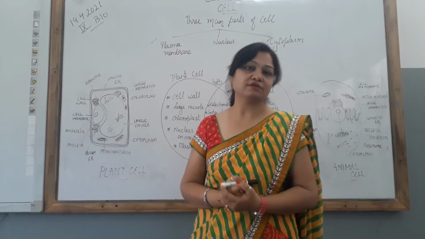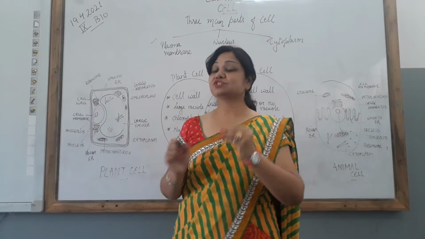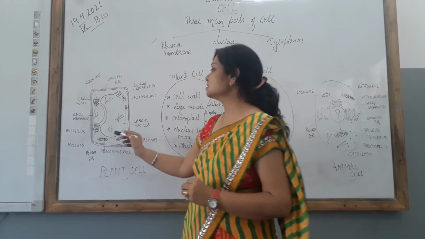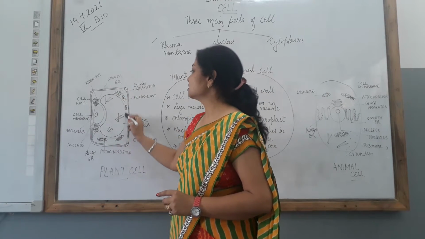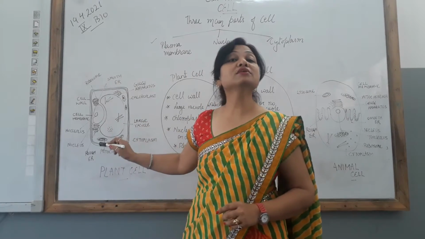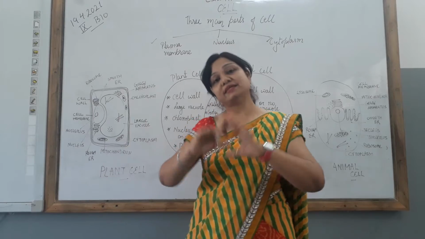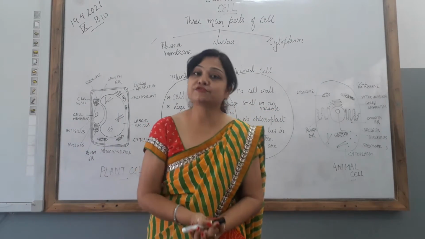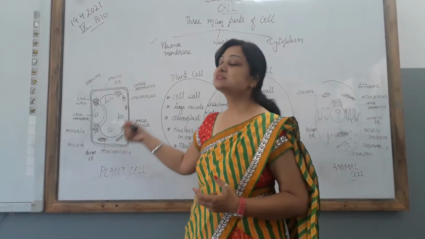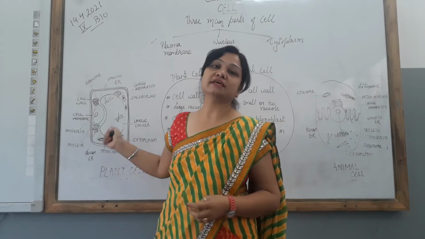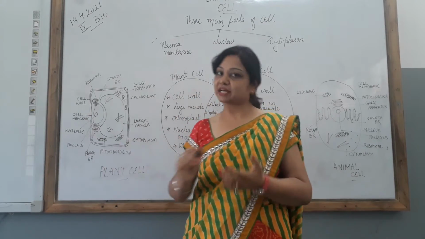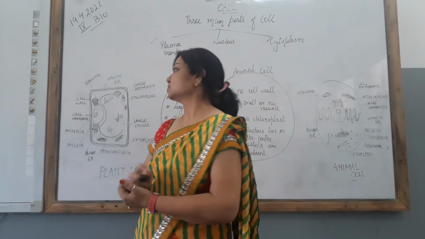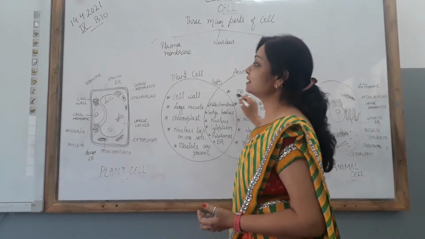But the portion which is lightly stained, the area which is not covered by these organelles, is the cytoplasm. It is a gel-like fluid present in the cell. Various cell organelles are present in the cytoplasm. That's it. Okay, so now coming to the plant cell and animal cell.